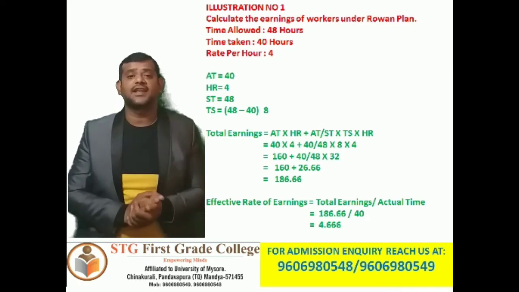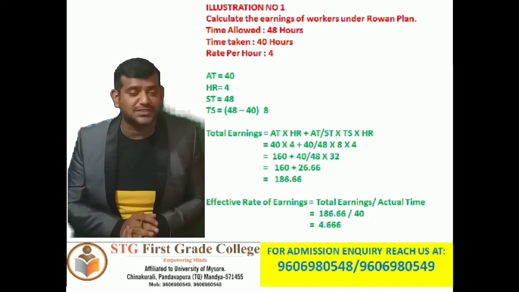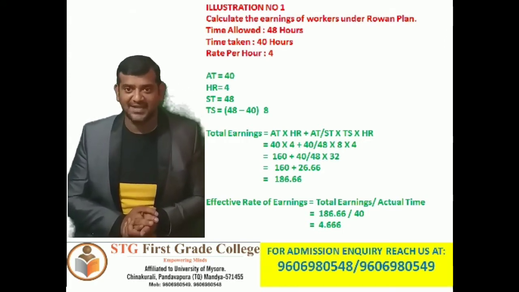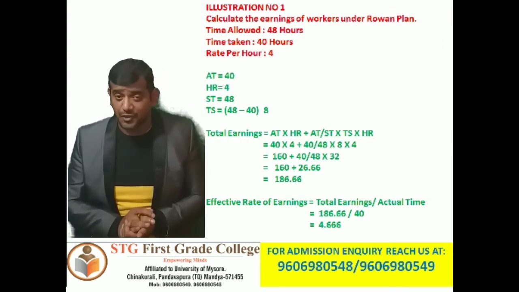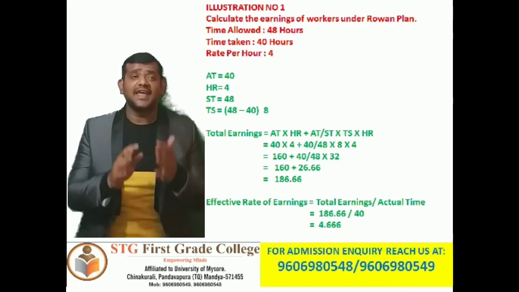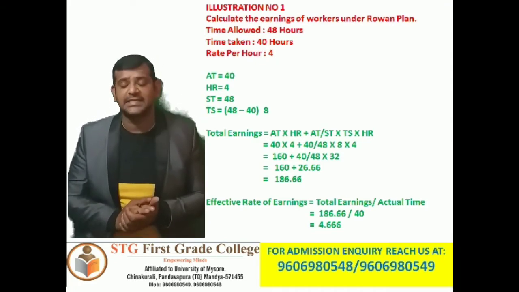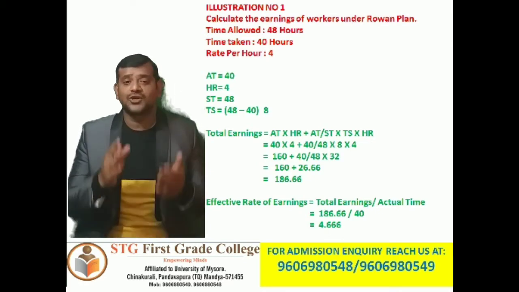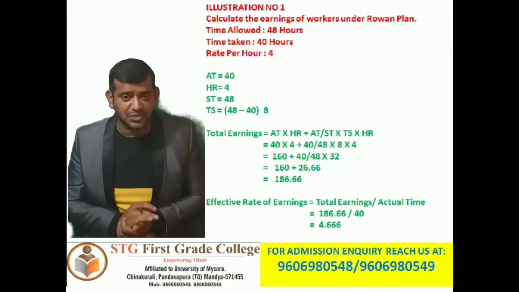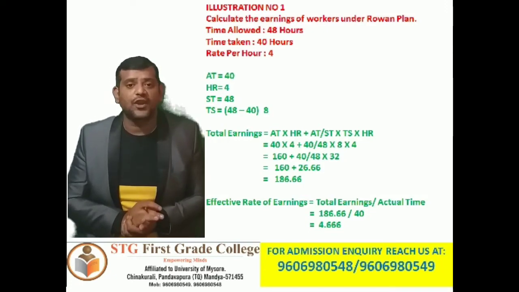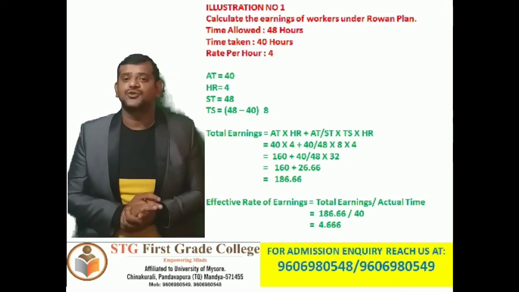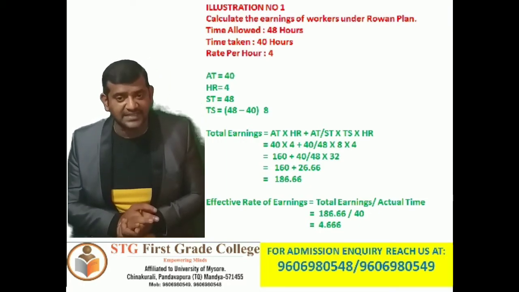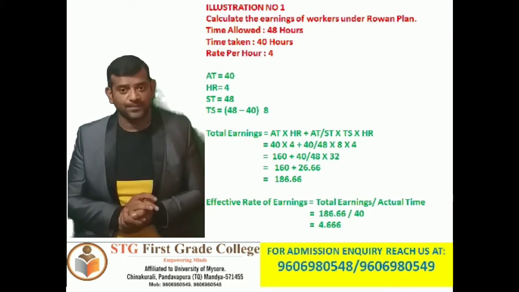Let us calculate. Total earnings equals actual time into hourly rate plus actual time divided by standard time into time saved into hourly rate. That is 40 into 4 plus 40 divided by 48 into 8 into 4.